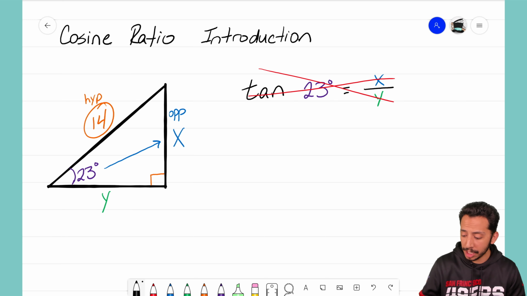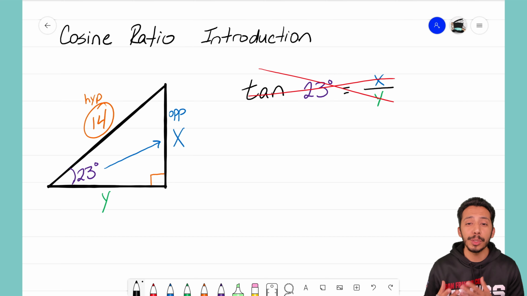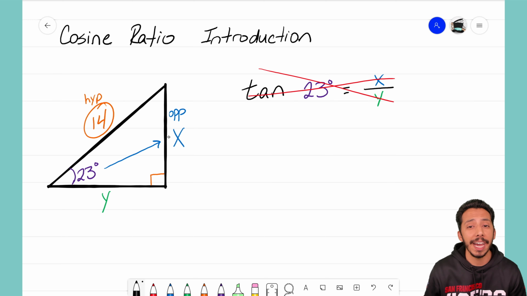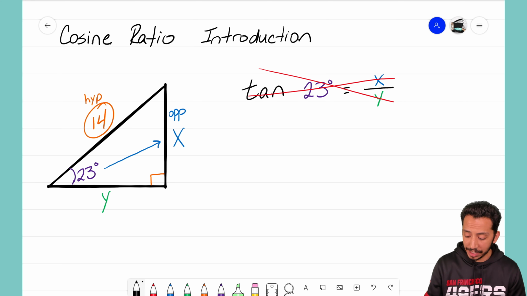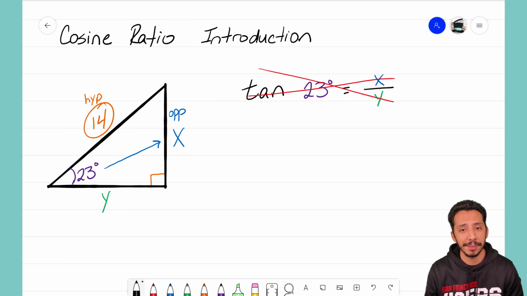When we used tangent, we ended up having x and y, our delta y and our delta x values. They were both unknown. So this problem was unsolvable. Now using sine, we were able to figure out what our opposite side was here for x. And we were able to get that value because sine involves the opposite side and the hypotenuse side.